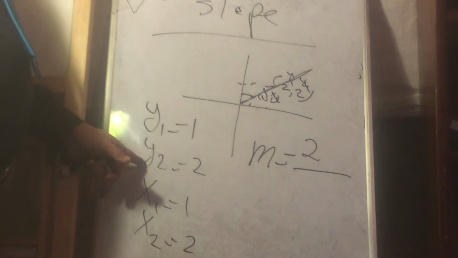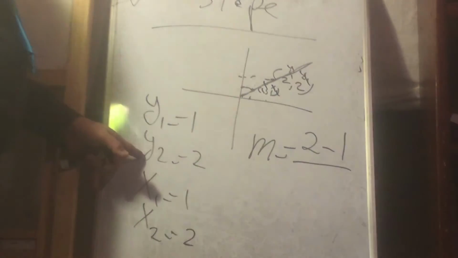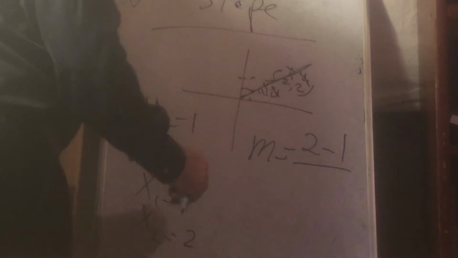Okay, now you have a line here. But what does that mean for us? We don't know. So we need the slope m. So it becomes y2 is 2, and y1 is 1, right? x1, y1 here, and x2, y2 over here.